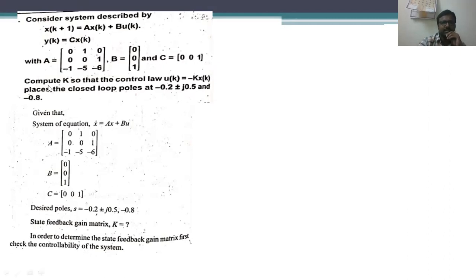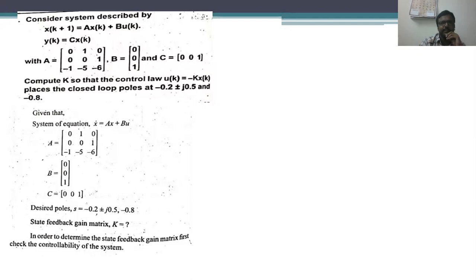Compute the matrix K so that the control law u(k) equals minus K into x(k) places the closed loop poles at minus 0.2 plus or minus j0.5 and minus 0.8. That means three particular poles are there. Why?